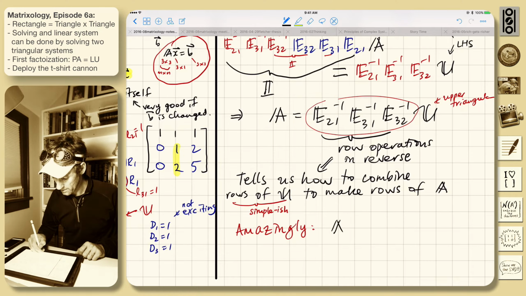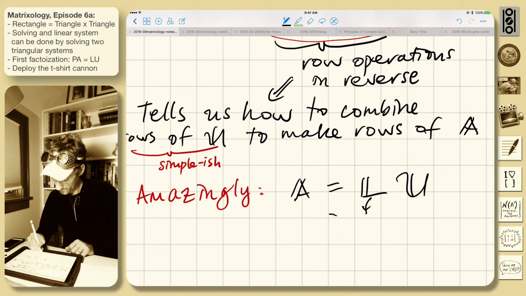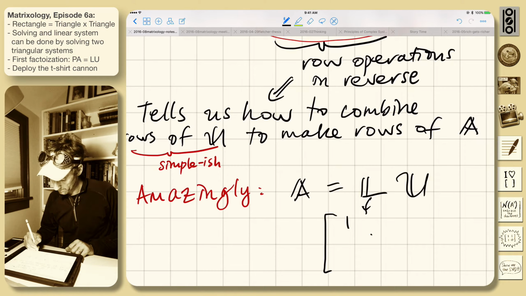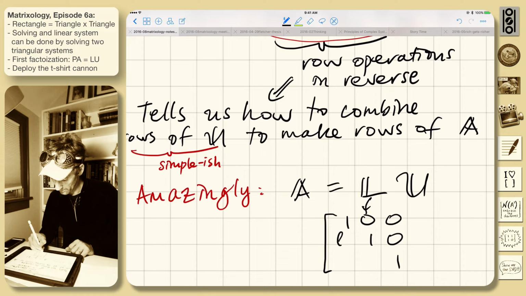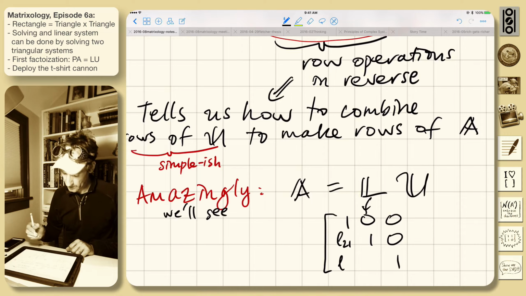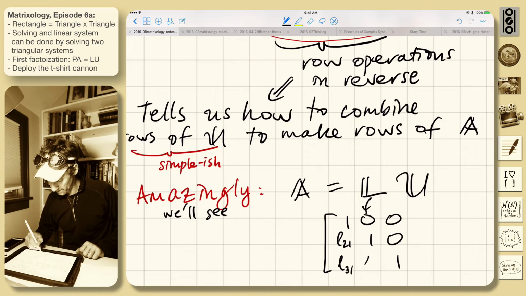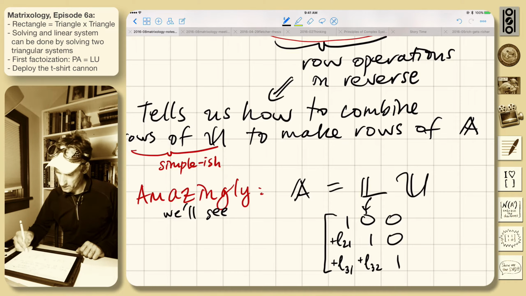A is equal to LU, where this one is going to be of this form. 1, 1, 1. And this is just for a 3 by 3 square matrix. And we'll see L2,1. Because we'll show it just for this example, and then we'll show it's true in general. L3,1, L3,2. And these are going to be pluses, pluses, pluses.